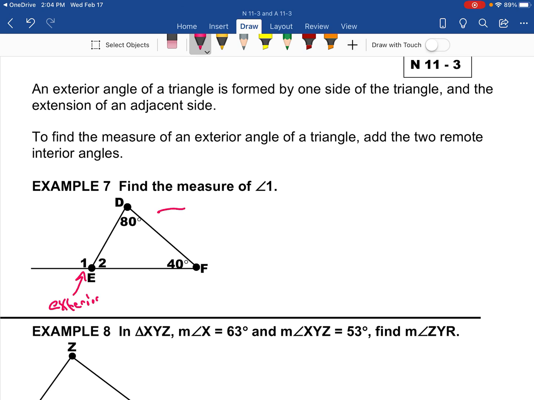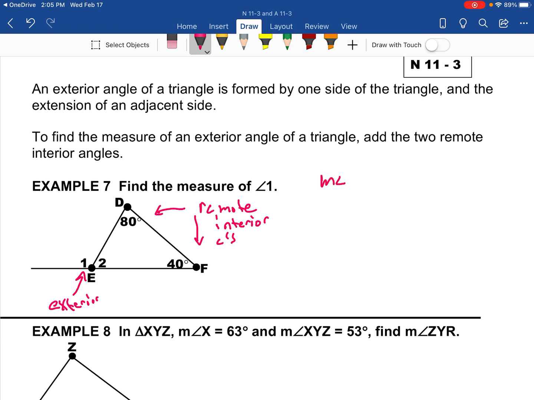Okay, and then angles D and F are remote interior angles to angle 1. Those are remote interior angles to angle 1. So this says that to find the measure of an exterior angle, add the two remote interior angles.